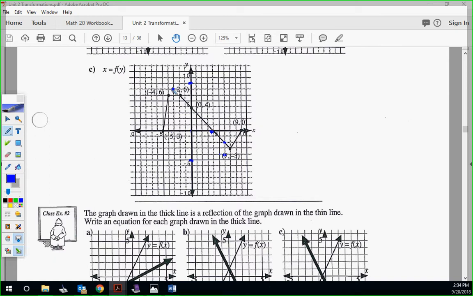All right, so then if we use this for a guide now, you can kind of see the reflections taking place. So it's going to kind of go like this.